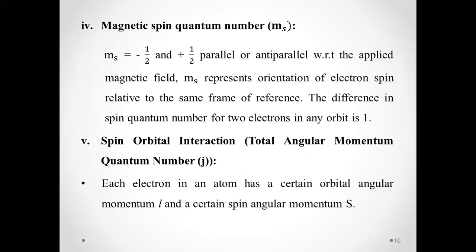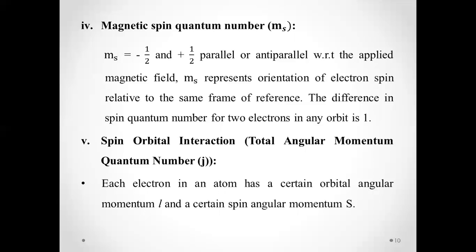Minus half corresponds to anti-parallel and plus half corresponds to parallel with respect to the applied magnetic field. ms represents the orientation of electron spin relative to the same frame of reference. The difference in spin quantum number for two electrons in any orbit is half minus of minus half, which is equal to plus 1.